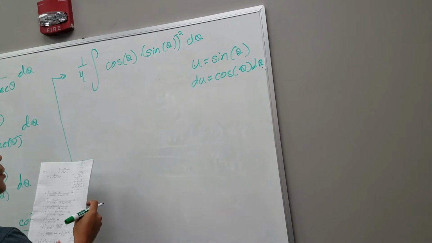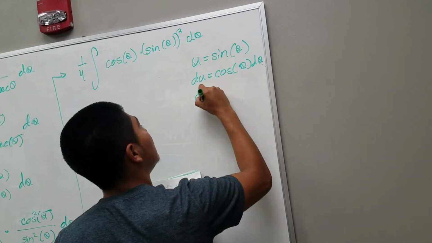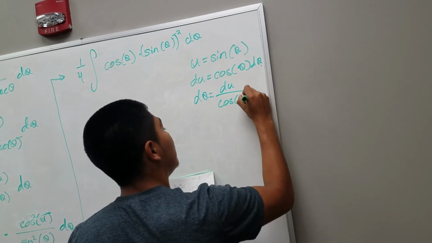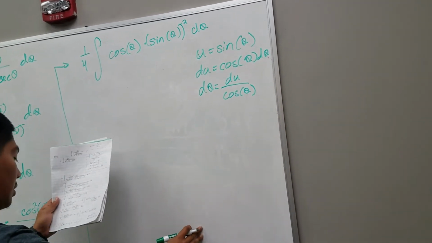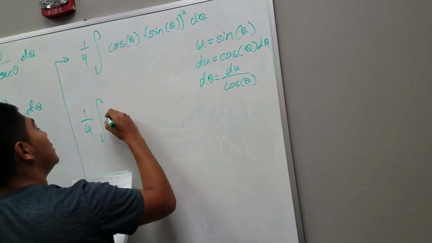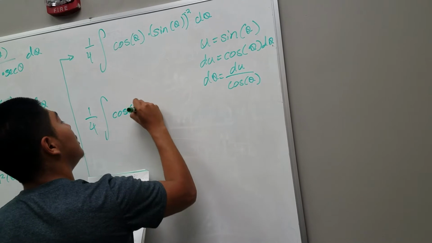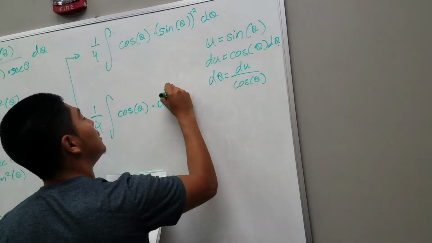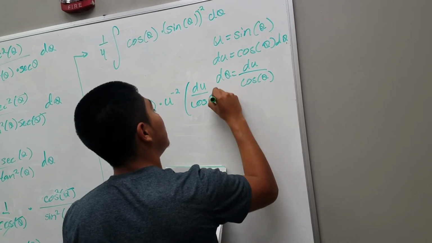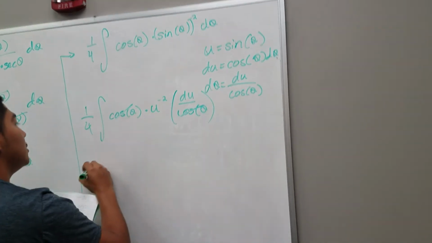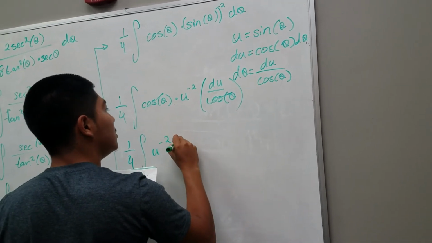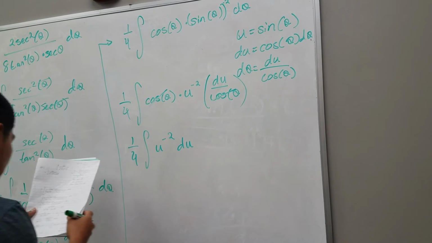Then d theta is equal to du over cosine of theta, so we have 1/4 times the integral of cosine of theta times u to the -2 du over cosine of theta. Cosines cancel, so we're left with 1/4 integral of u to the -2 du.